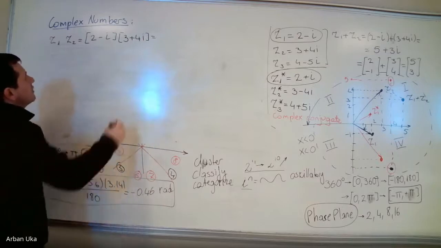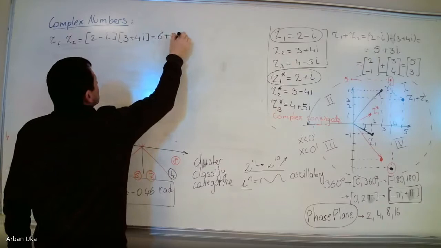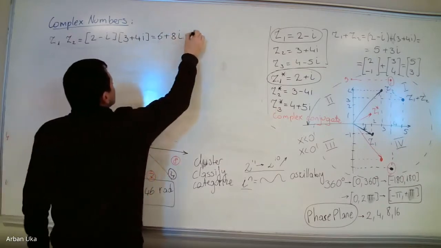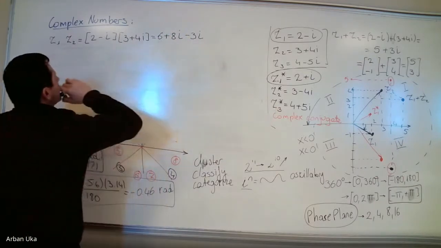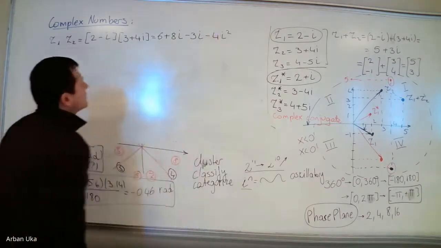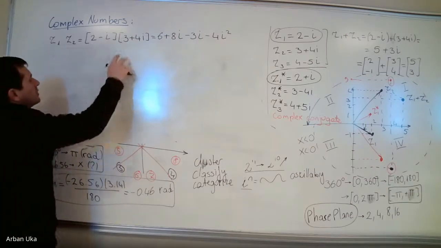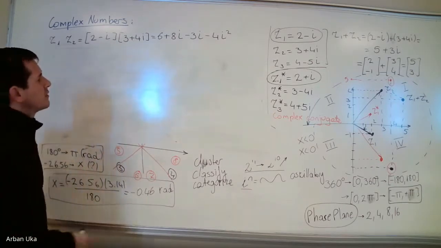So this will be equal to 6 plus 8i minus 3i minus 4i squared. Okay, so all we did is multiply two terms by two terms, so we get 4 different combinations.